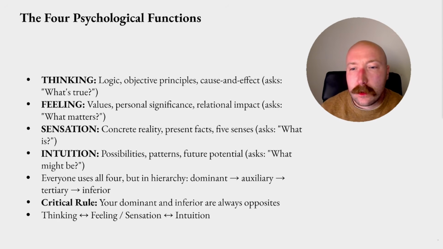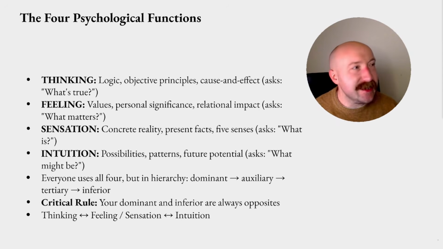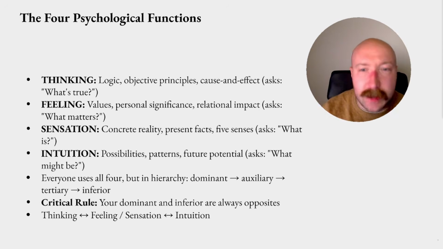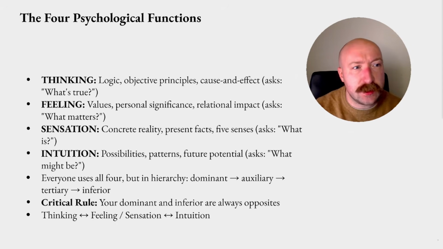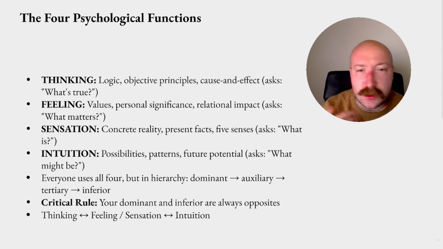So the 4 functions are ways of engaging reality, really. Jung sees that people engage reality through 4 distinct functions. These aren't personality types. Everyone uses all 4 of these psychological functions, but we use them in hierarchy. Some are dominant, highly developed, natural. Others are inferior, underdeveloped, primitive.